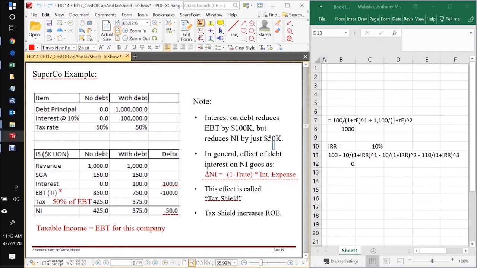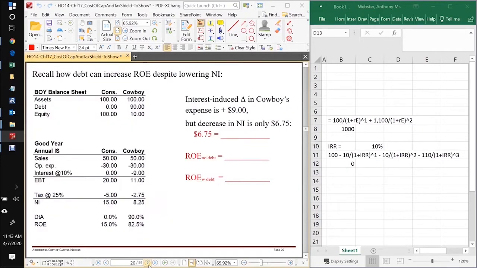So the hit on net income for a company, if it takes out a bunch of debt, is going to be 1 minus the tax rate times its interest expense. And you can see clearly that's less than its interest expense because we have 100% minus whatever the tax is here, which reduces that number and the hit on net income.